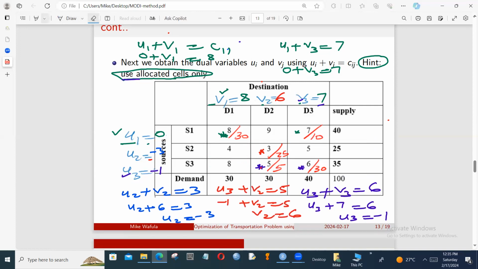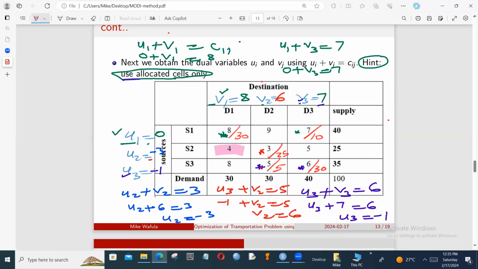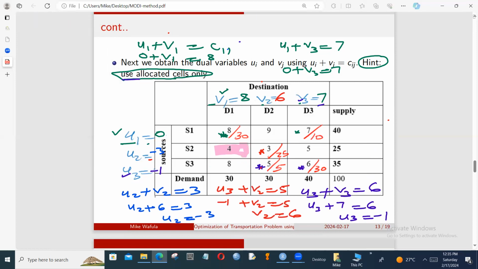As you can see, those are cell 2.1, no allocation; cell 3.1, no allocation; cell 1.2, no units allocated; and cell 2.3, no units allocated. So those are 4 cells, and we are going to use them to compute the opportunity cost associated with each one of them.